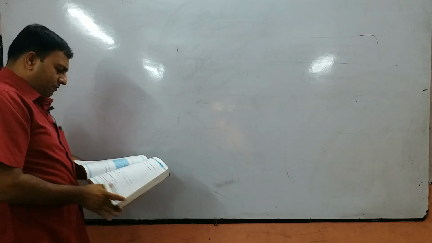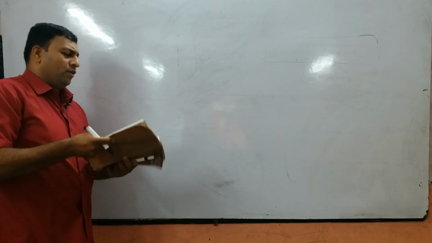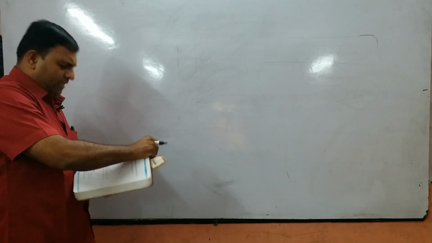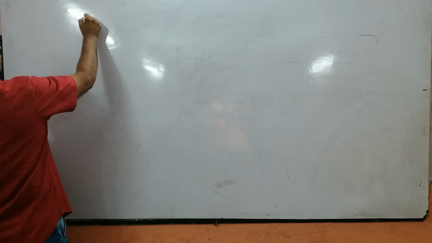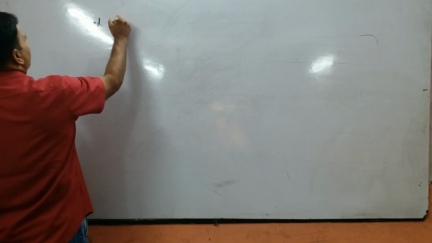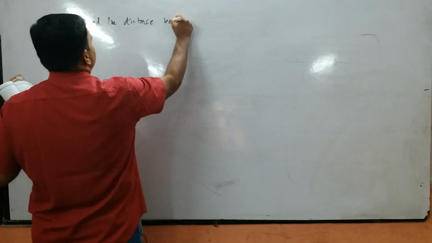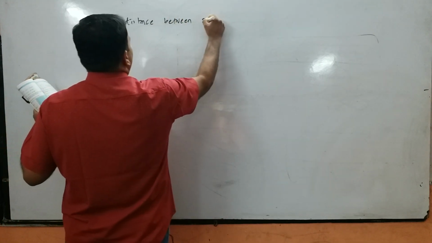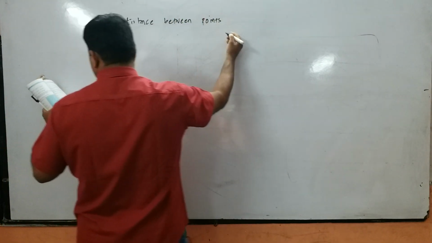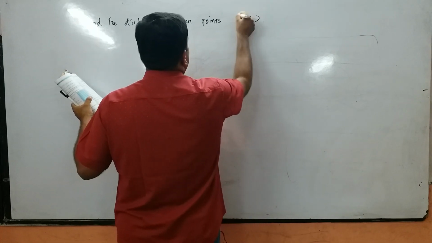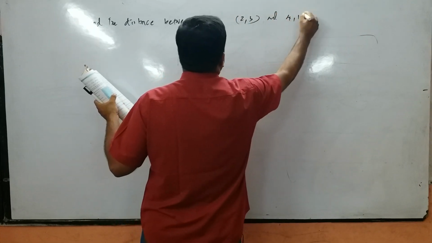So we are in the first exercise of your textbook, and let me take a very simple question. Find the distance between points 2, 3 and 4, 1.